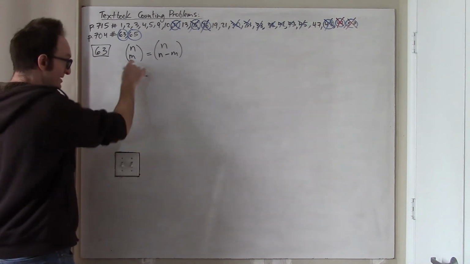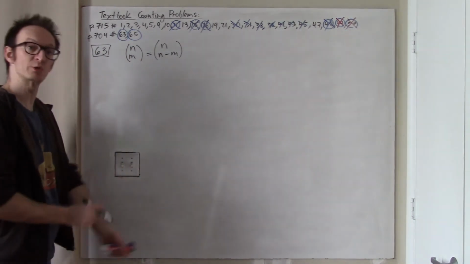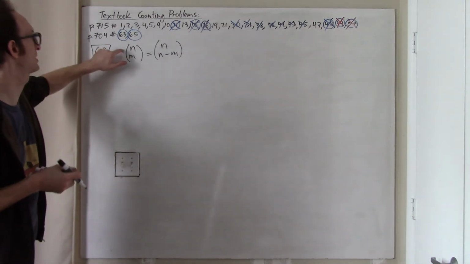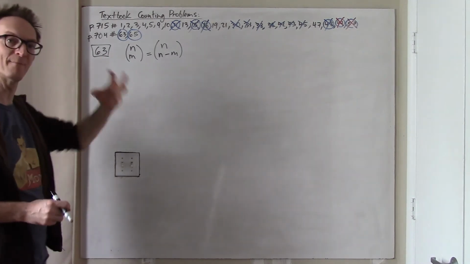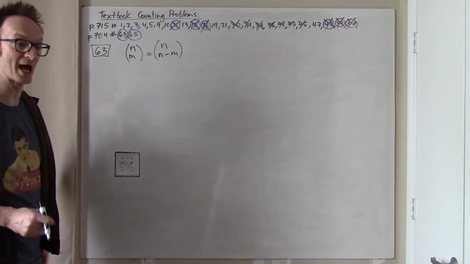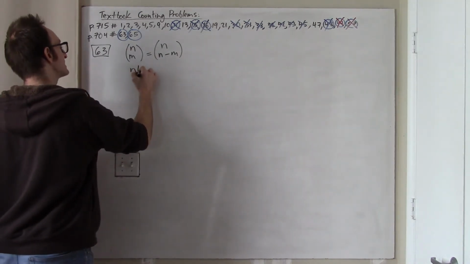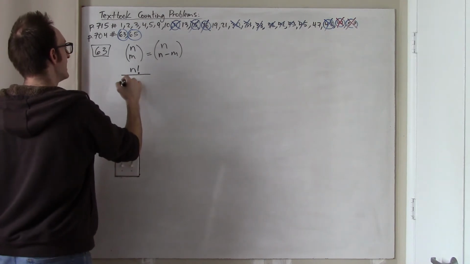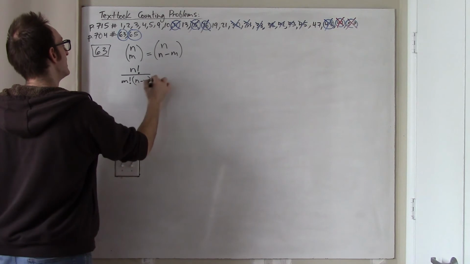Using my definition, well, it's not a definition really, that's the thing. The sophisticated way to do these problems is to take as the definition of n choose m the number of ways of choosing m objects from a set of n objects. And then one proves that this is n factorial over m factorial times n minus m factorial.